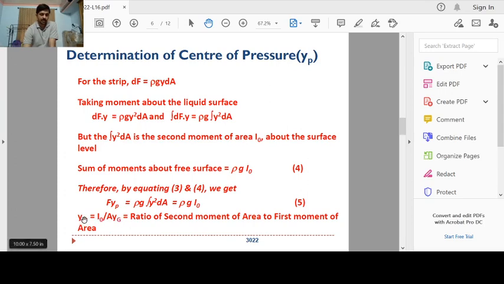Yp, the vertical distance of the center of pressure from the free surface, is equal to the second moment of area divided by area multiplied by yg, where yg is the vertical distance of the center of gravity of the vertical plane surface. That is the ratio of the second moment of area to the first moment of area. That is Yp.